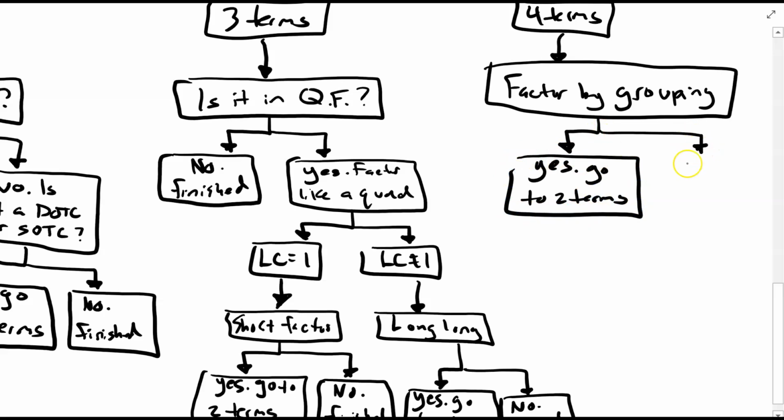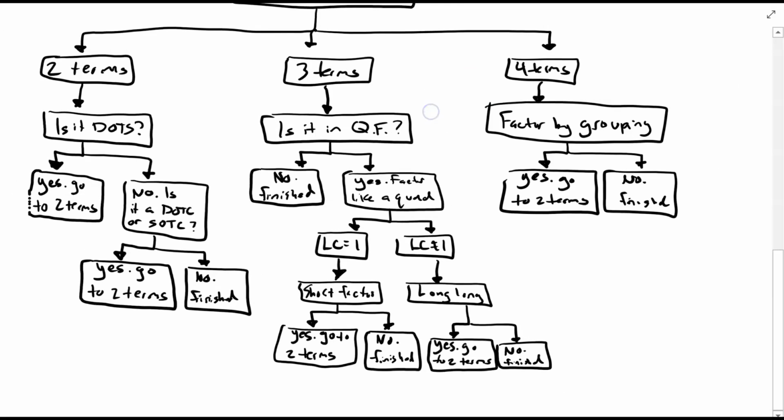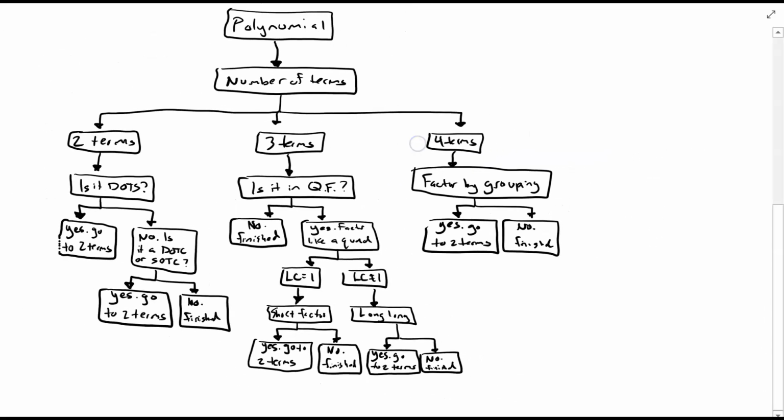If it wasn't factorable by grouping, then we were just finished. So this was our descriptor or visual for how we were planning on factoring these polynomials in the first semester.